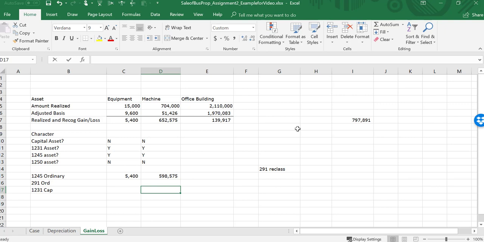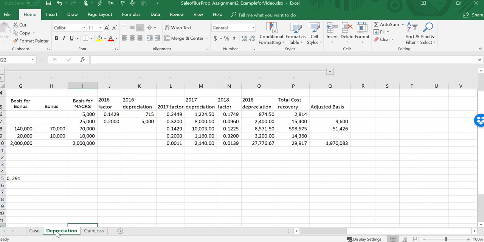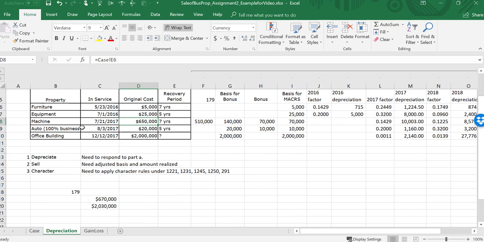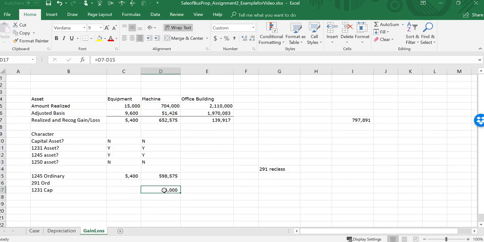Okay, that means that the rest of it must be 1231 gain or loss. Could we have determined that was the case? Maybe so, because we know that we sold it 704 for more than its original cost, 650. By how much? Let's see, 704 minus 650, that sounds like 54,000, and sure enough, that's our 1231 capital gain.